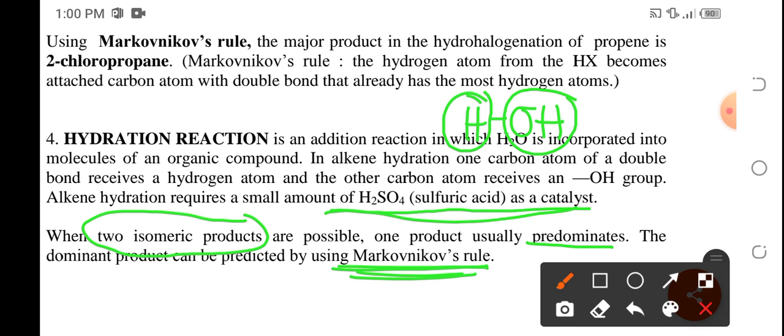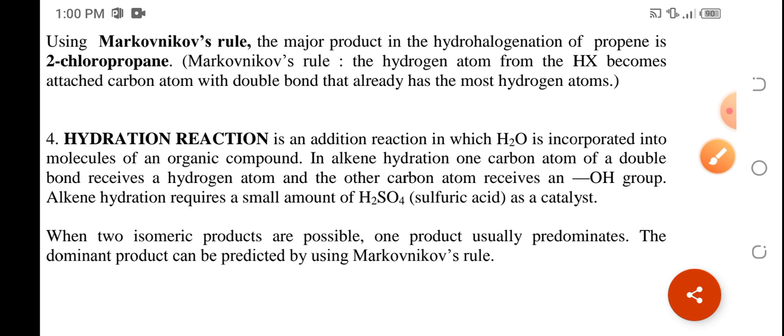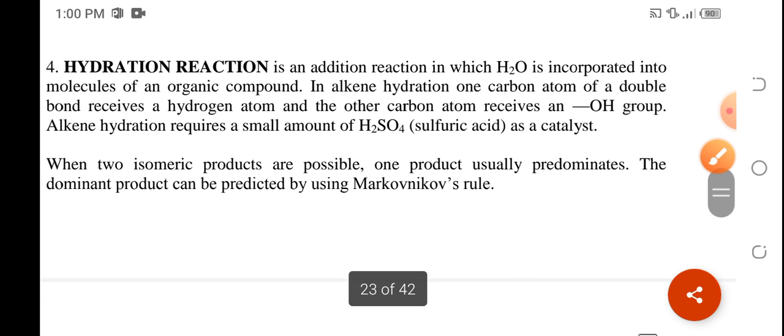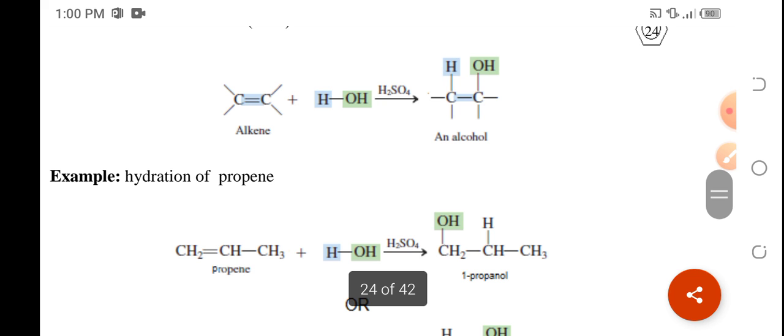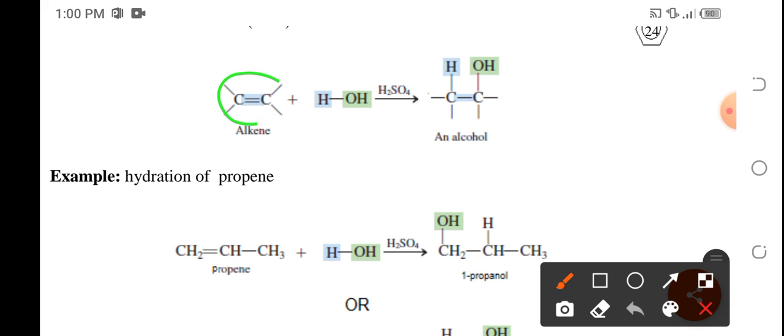Sinasabi ni Markovnikov's rule that the hydrogen coming from the water will be attached to the unsaturated carbon atom that bears the most hydrogens. That one would be the product that predominates the reaction. So still, the site of reaction would be the double bond in an alkene. This is the water, written as HOH.